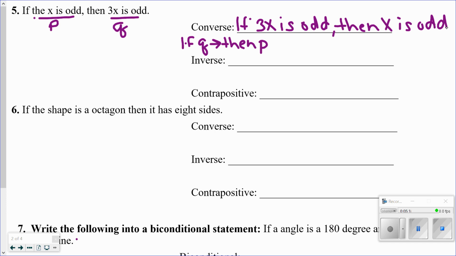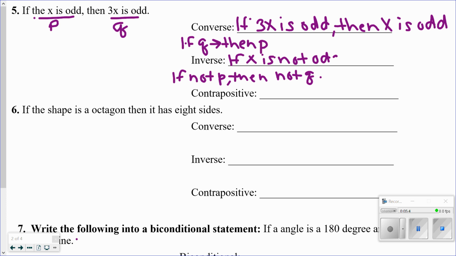So instead of if p then q, it would be if not p, then not q. All right, so in our example here, it'd be if x is not odd, then 3x is not odd.